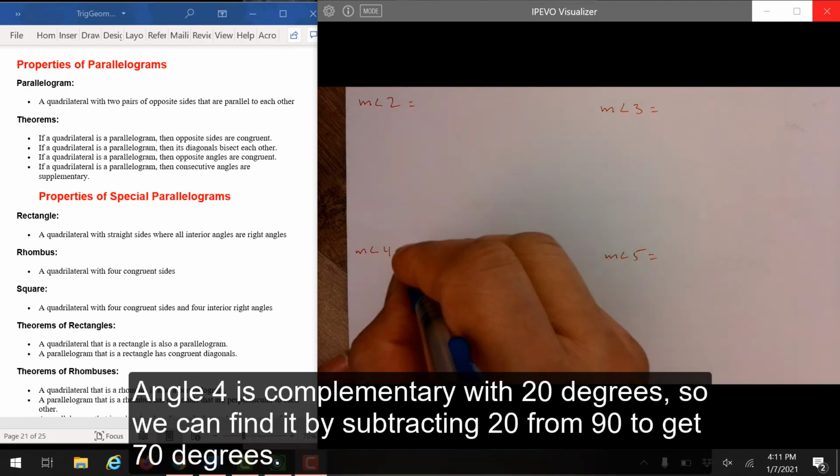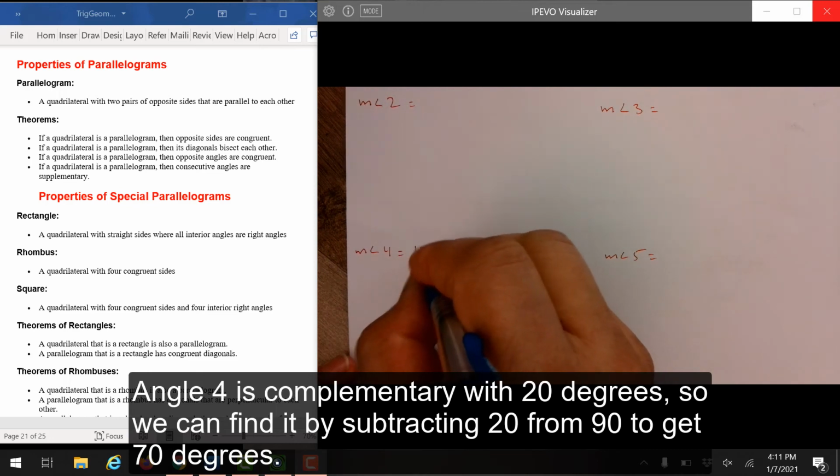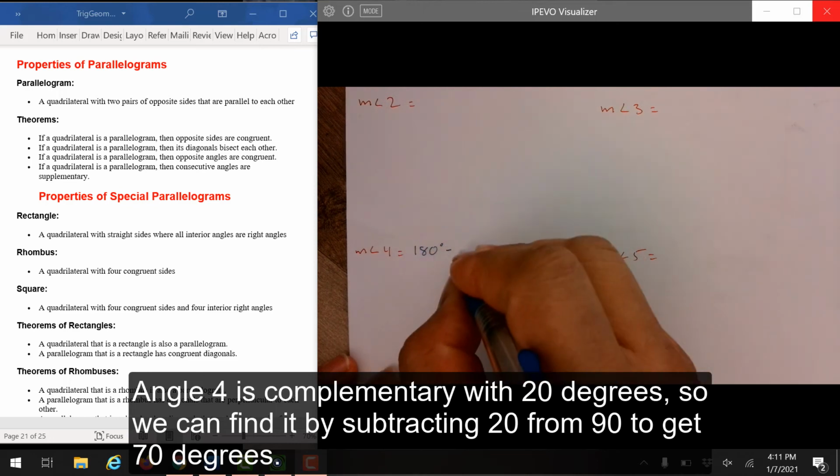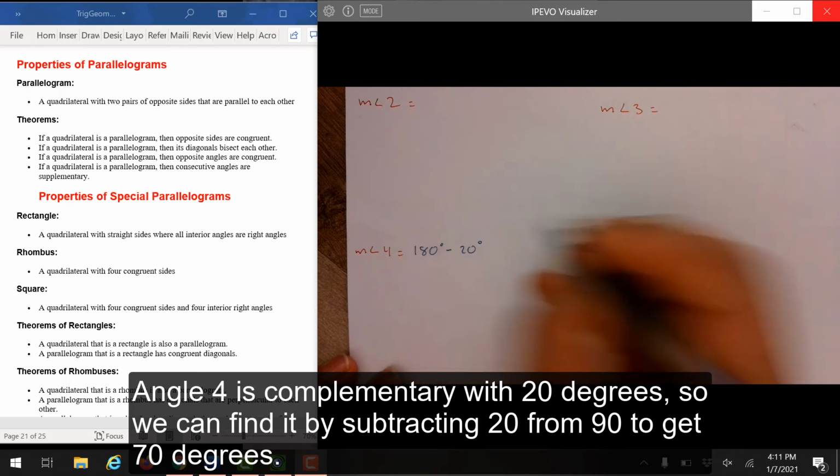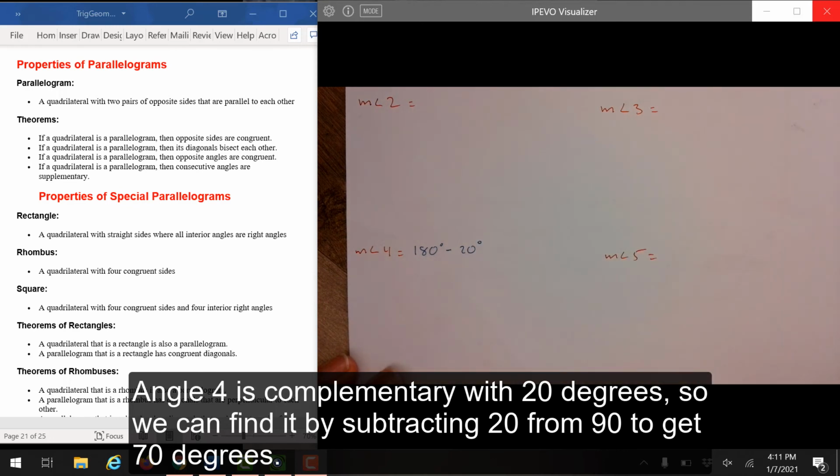Angle 4 is complementary with 20 degrees, so we can find it by subtracting 20 from 90 to get 70 degrees.